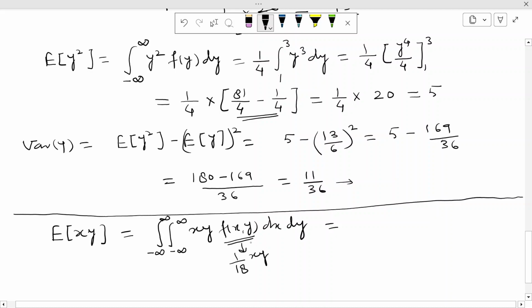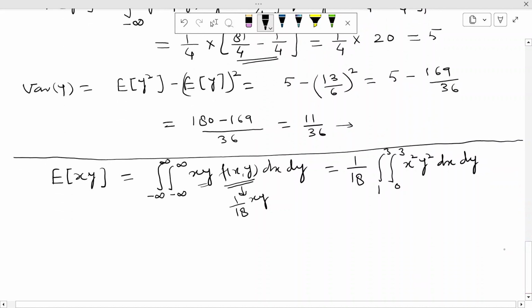So our f(x,y) is 1 by 18 xy, so you can take this 1 by 18 outside, double integral. Now this xy, and we are multiplying xy, so this will be x square y square, dx dy. Now the limits for x are 0 to 3 and the limits for y are 1 to 3.